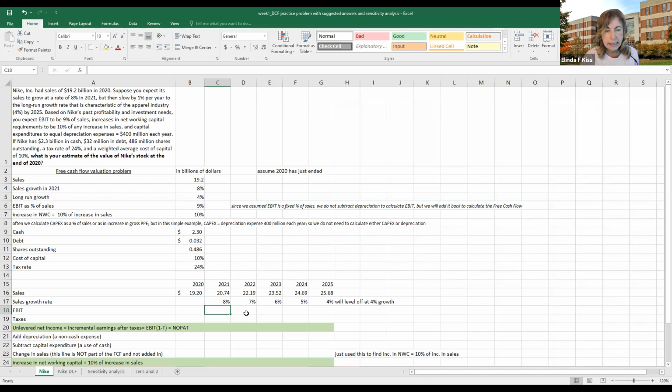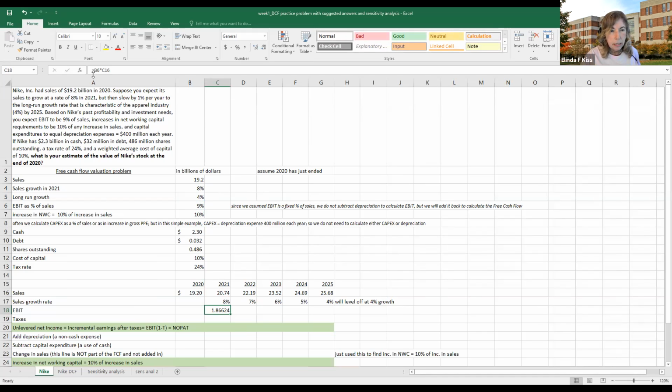And the first thing I need to do is calculate the EBIT. I said it's going to be a fixed percentage, in this example, 9% of the sales. So I take B6, which is where I have my 9%, multiply that by the sales, and that gives me my EBIT for the first year.